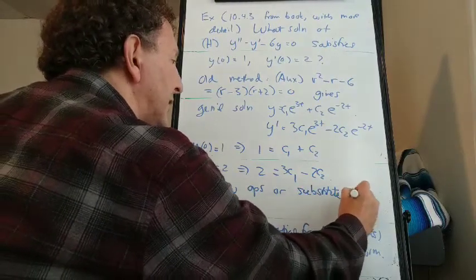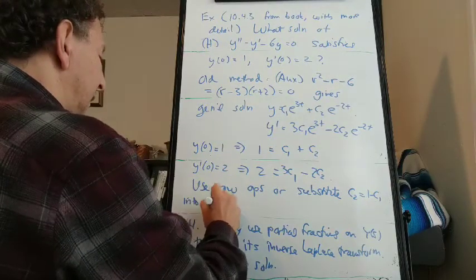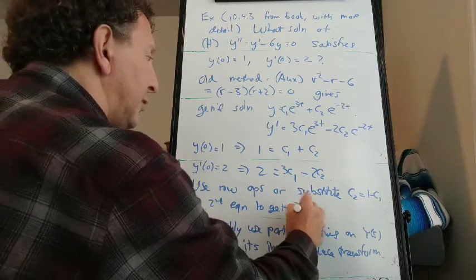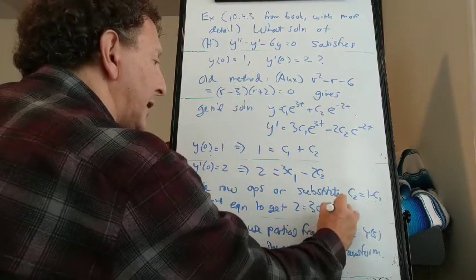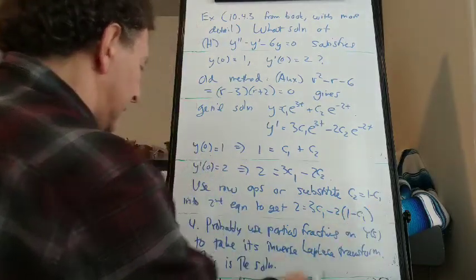Or substitute c2 equals 1 minus c1 into the second equation to get 2 equals 3c1 minus 2 times (1 minus c1).